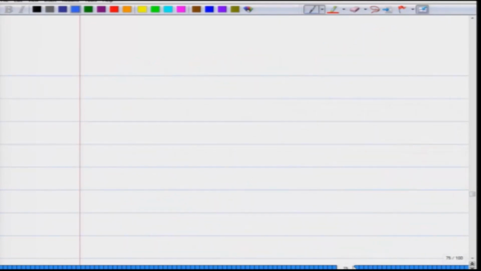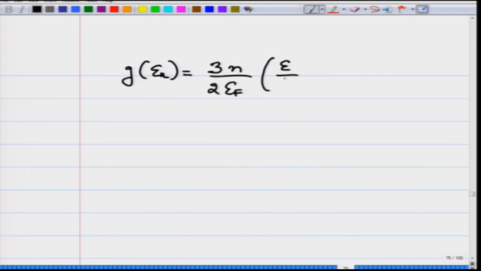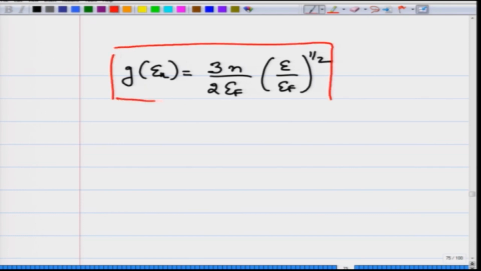So, you can rewrite this and you can get an expression for G(E_k) equal to 3n by 2 E_f, E by E_f raised to half. This is the expression for the density of states as a function of energy. You can see this is the density of states.